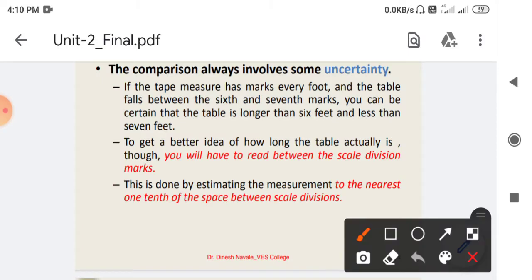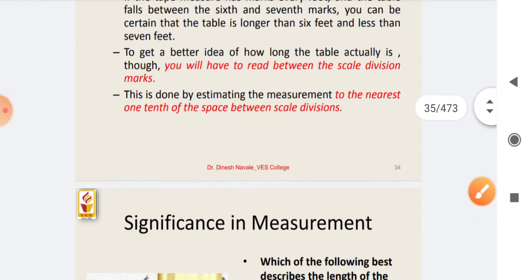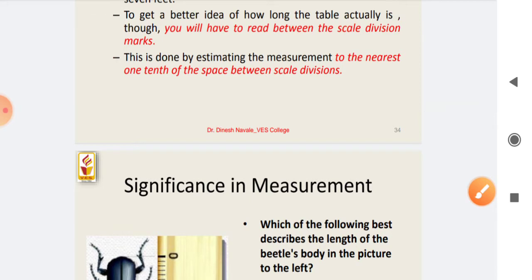To get a better idea of how long the table actually is, you have to read between the scale divisions also. If we want the length in feet only, we cannot get the exact length. If we use finer scale divisions, then we can obtain quite better results.